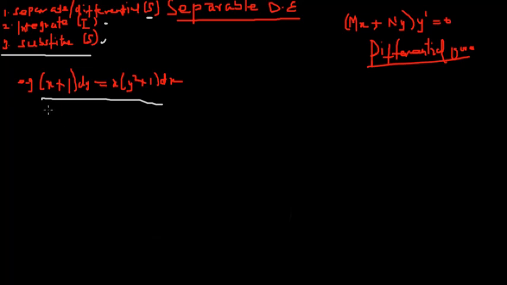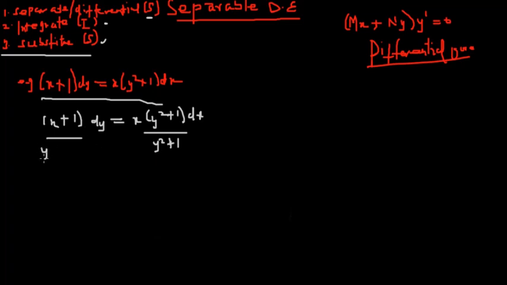So from here we have (x + 1) dy equals x(y squared + 1) dx over here. So we can divide here by y squared plus 1, and divide here by y squared plus 1.